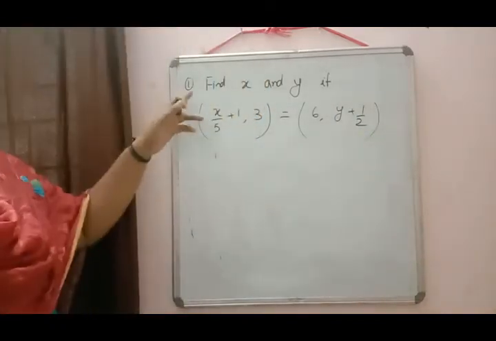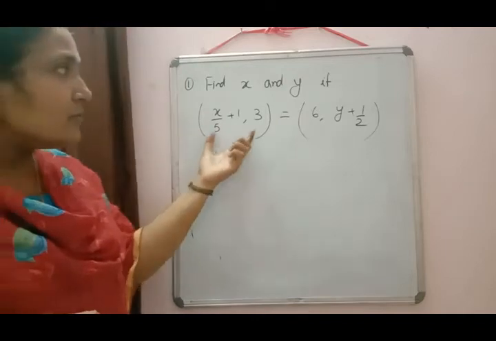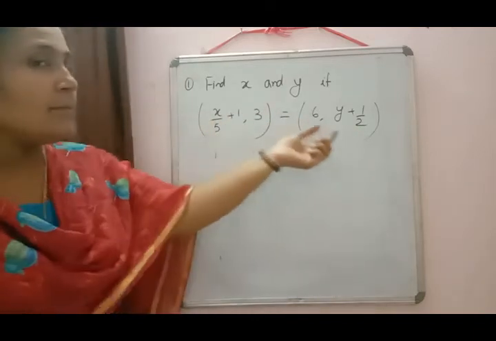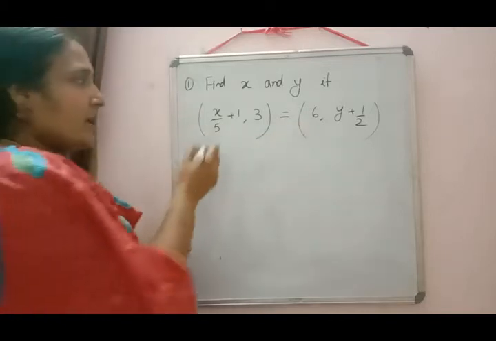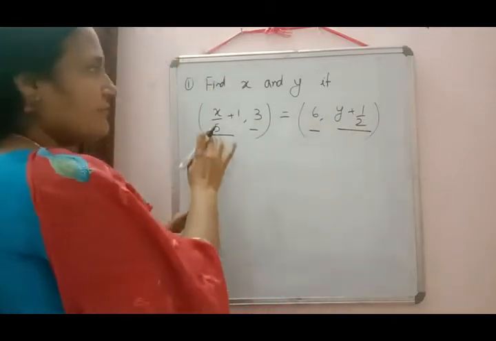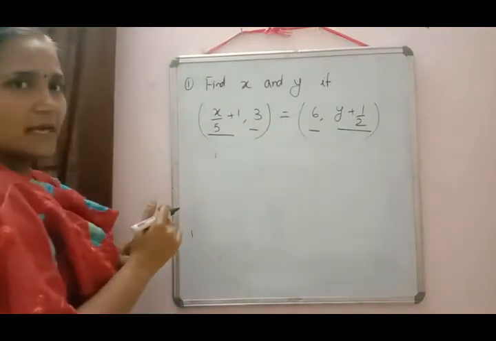Here it is given, find x and y, and this is the condition given, meaning what? Two ordered pairs are equal. So the ordered pairs will be equal if their corresponding elements are equal. The first element should be equal and the second element also should be equal.